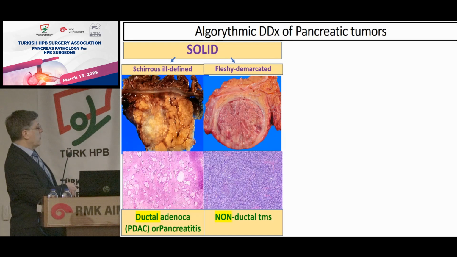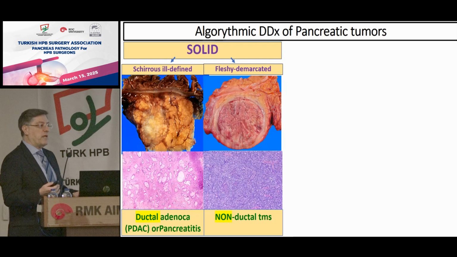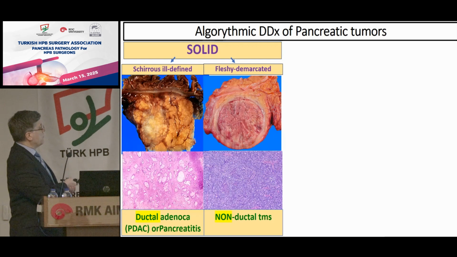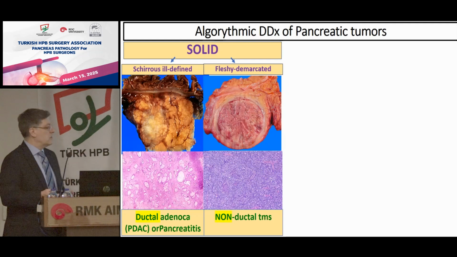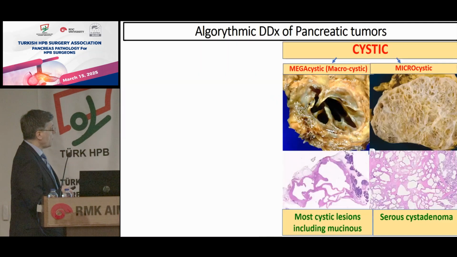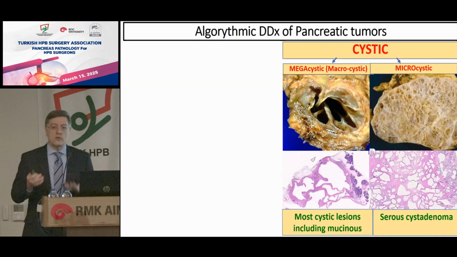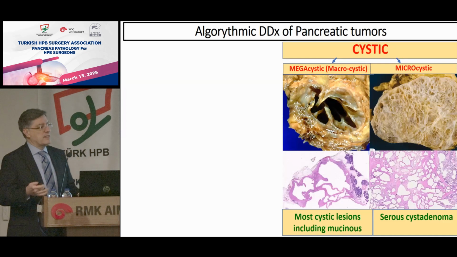For their microscopic correspondence, in the scar-like or serous lesions, we often have a lot of desmoplastic stroma or fibrotic participation that gives that more scar-like appearance. Whereas for the second group, there's a lot of cellularity, and that cellularity leads to a more homogeneous, lymphoma-like appearance of the tumor. When we come to cystic lesions, we also have a dichotomy, although we don't use this as much anymore.